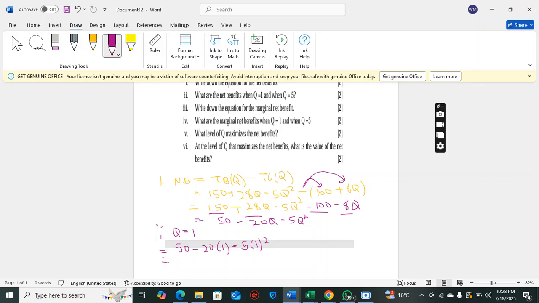So 20 times 1 is 20. 1 squared is 1, and 1 times 5 is 5. So we have 50 plus 20 minus 5. 50 plus 20 is 70, 70 minus 5 is 65. These are the net benefits when you produce 1 unit.